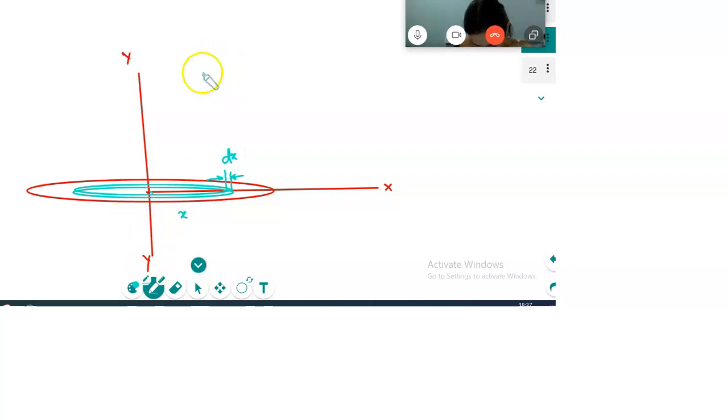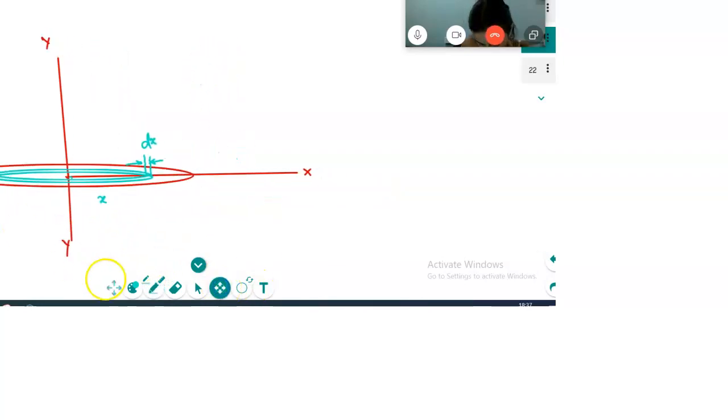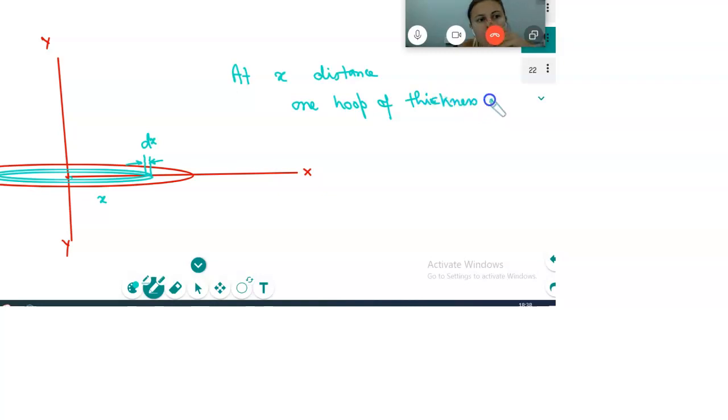So I will write: at x distance one hoop I have taken, of thickness dx. Correct now? X distance means the radius of this hoop becomes x.